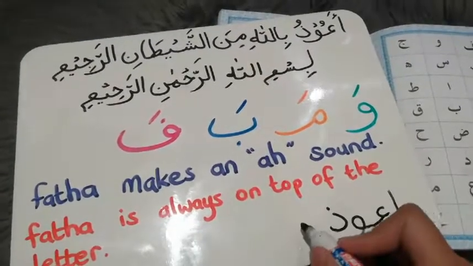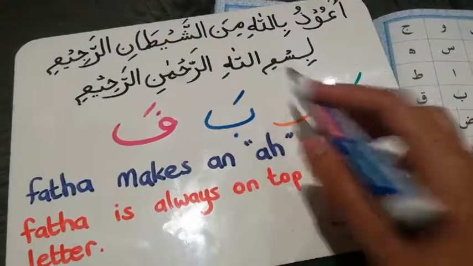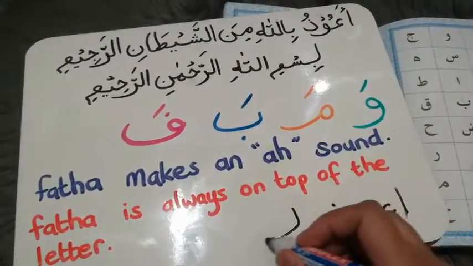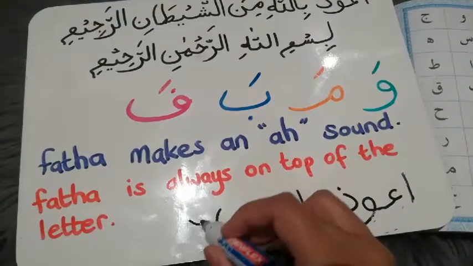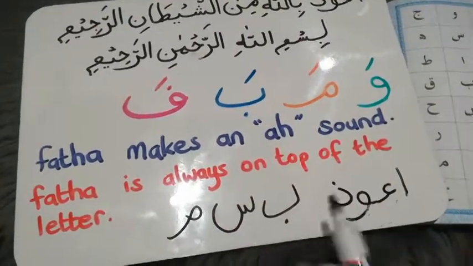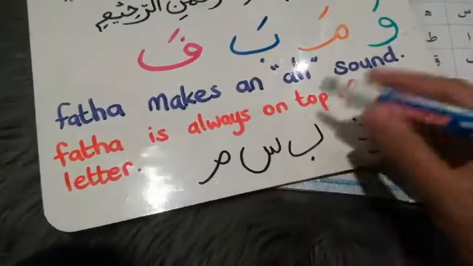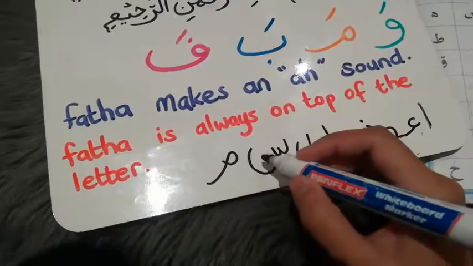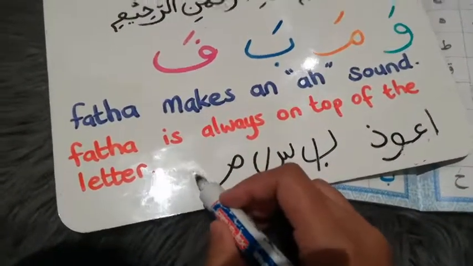The same way with the letter, let's write the word bismi. Now the word bismi, it's a ba, a sin, and a mim. If I need to create a word out of it, I'm going to join it by cutting the ba in half, by cutting the sin in half and joining it to the mim. And that is how it's going to be written.